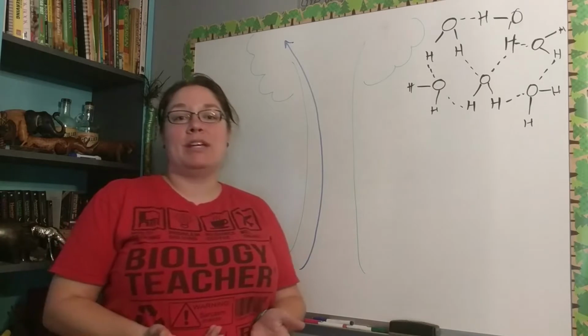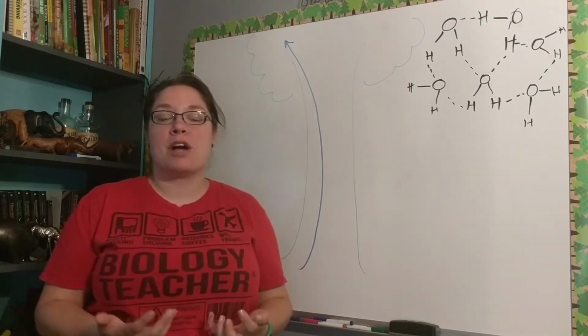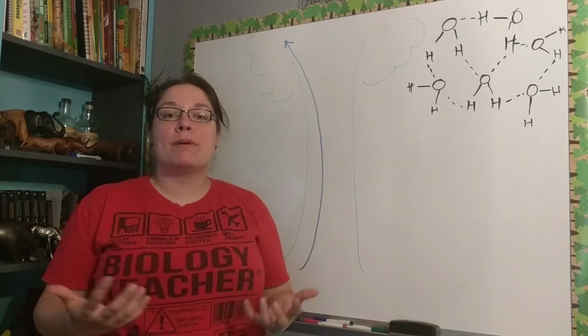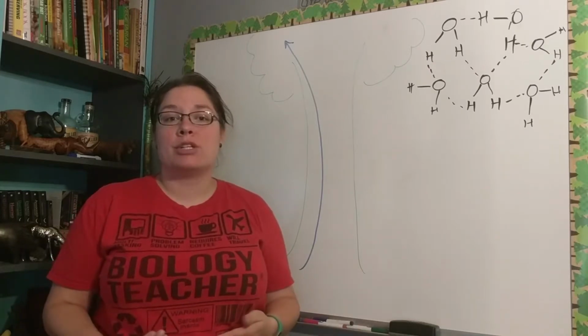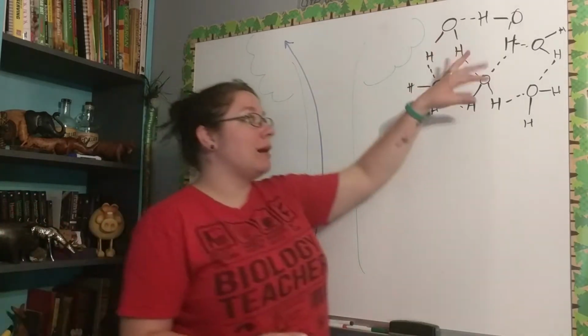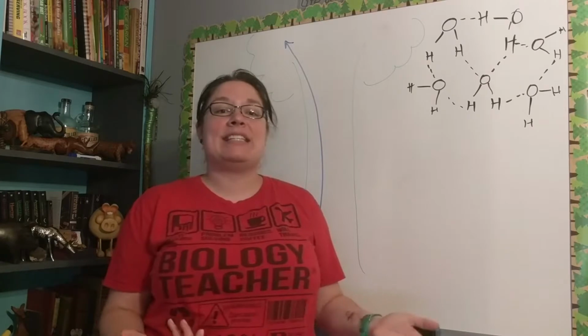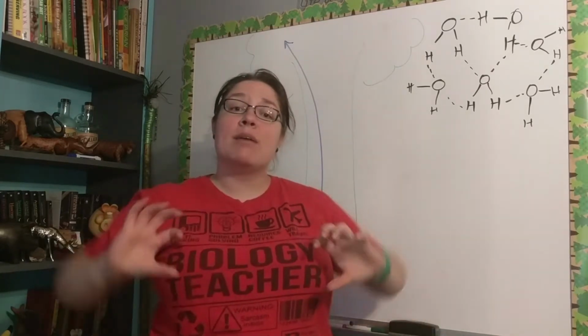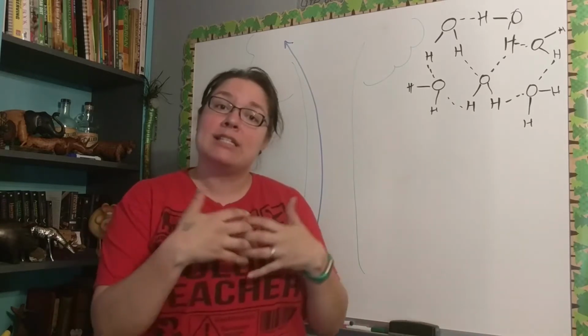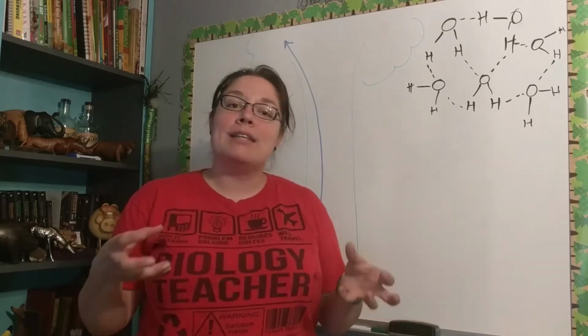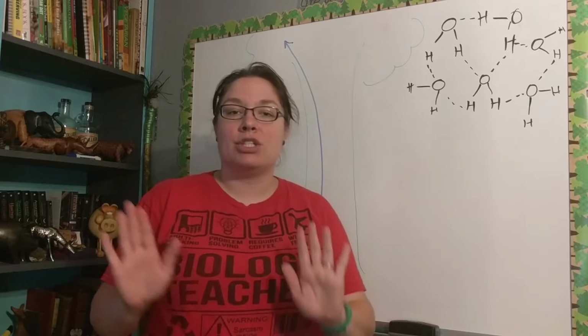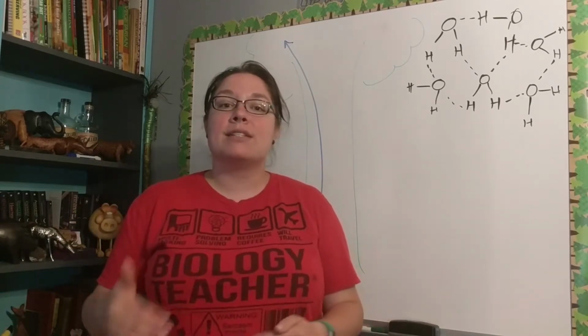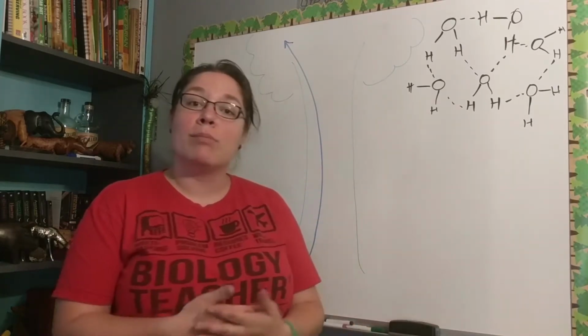And the last of the really important properties of water that I wanted to talk about in this video is the purpose of adhesion and cohesion. Because of the hydrogen bonding, water molecules can stick together. When we're talking about adhesion and cohesion, we're talking about the ability of water molecules to stick to each other, as well as to other polar surfaces, such as the inside of your blood vessels.